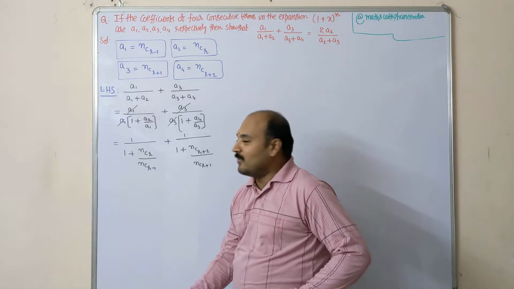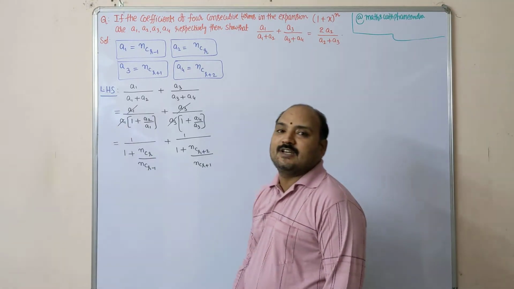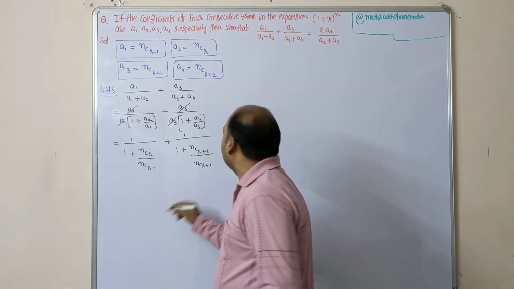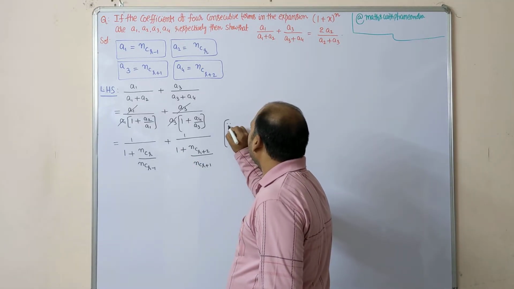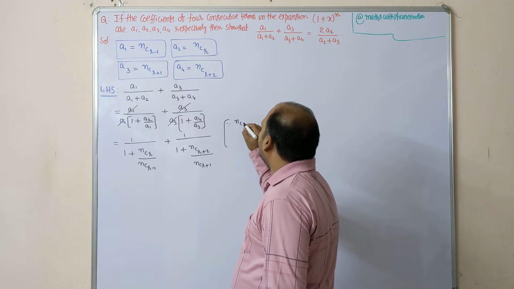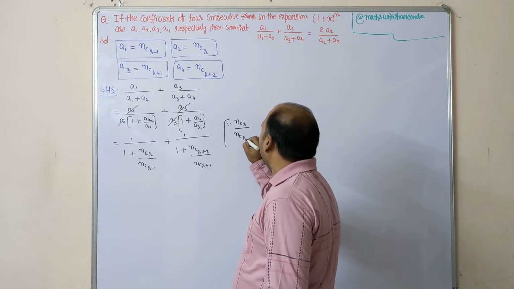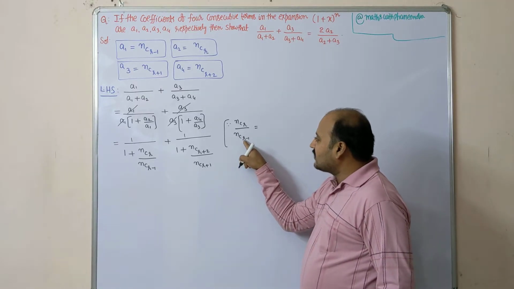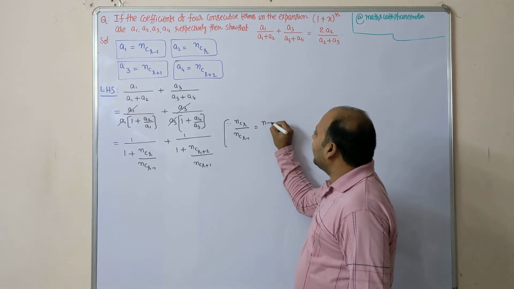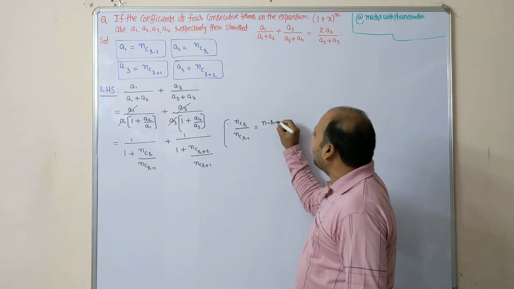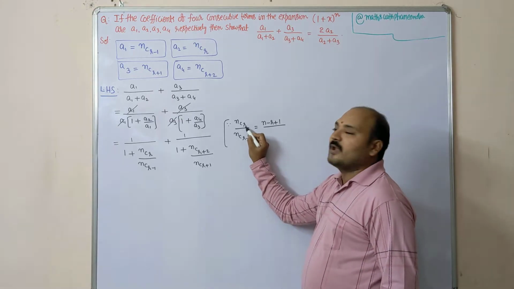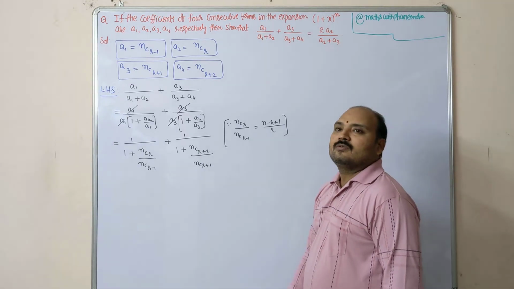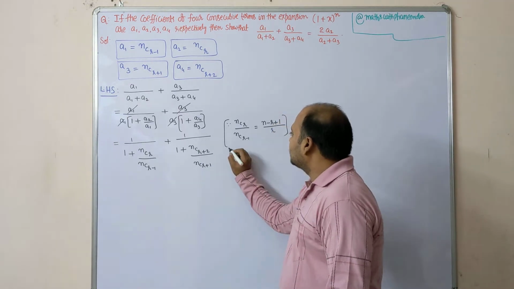We know the formula for nCr by nC(r-1). What is the formula? nCr/nC(r-1) equals, dear students, remember, (n-r+1)/r. So that we can substitute here.